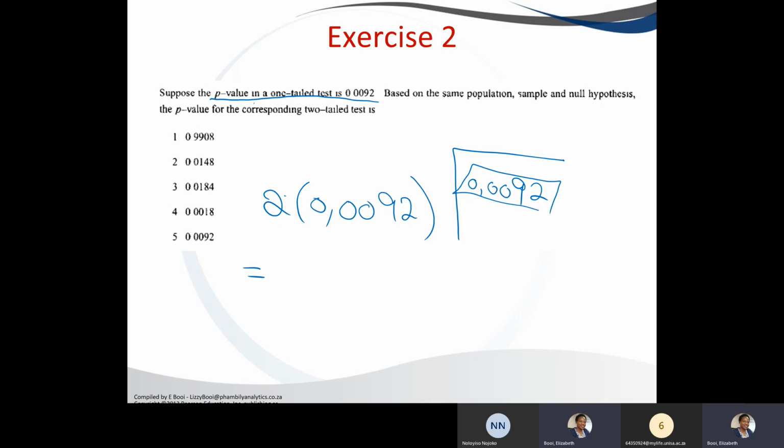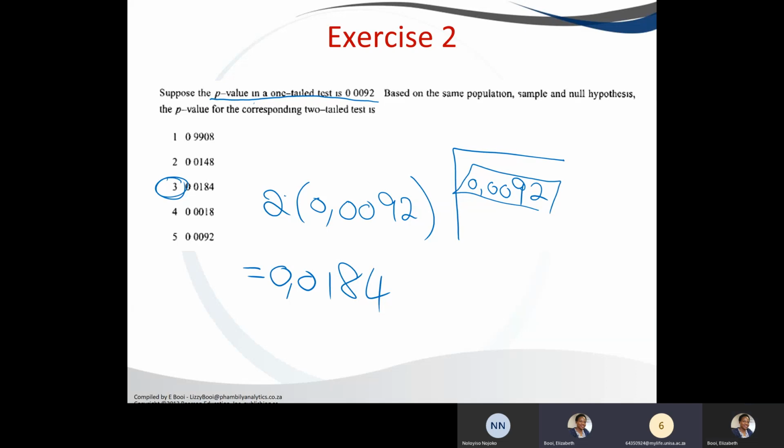And this gives us 0.0092 times 2, which is 0.01884. Apologies for that. And that's how you will find the answer.